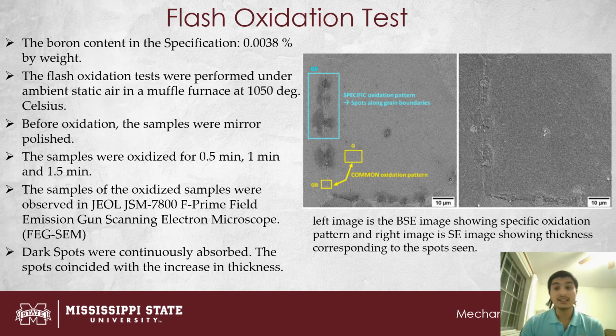That one is the BSE image, but when the same pattern is looked at under the SE image, we can see that the thickness in that part is a little bit bigger than other parts. This shows that the surface is uneven because of oxidation. And remember, we had first mirror polished the surface, and the surface is changing now.